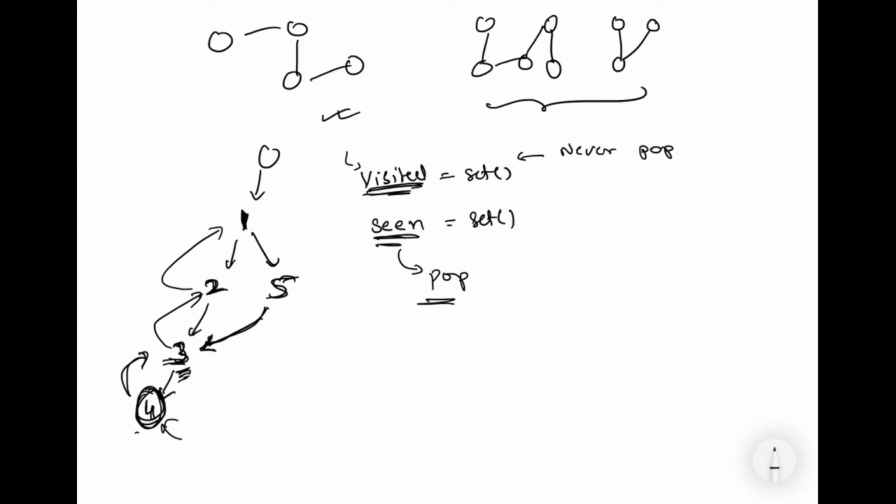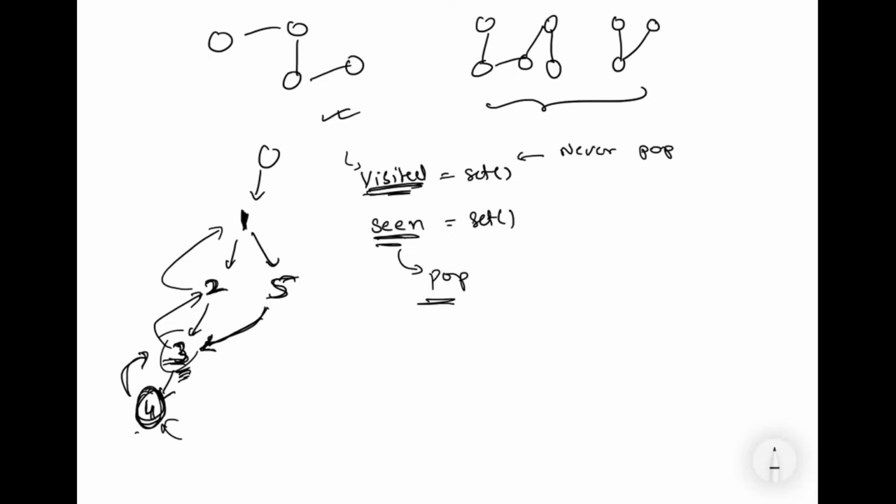So if 5 I connect to 3, 3 is not in seen, therefore there is no clash of ancestor. And also 3 is in visited, so we will use that information to avoid unnecessary repetition of the traversals. So I hope by this point, theoretically, you are somewhat clear.